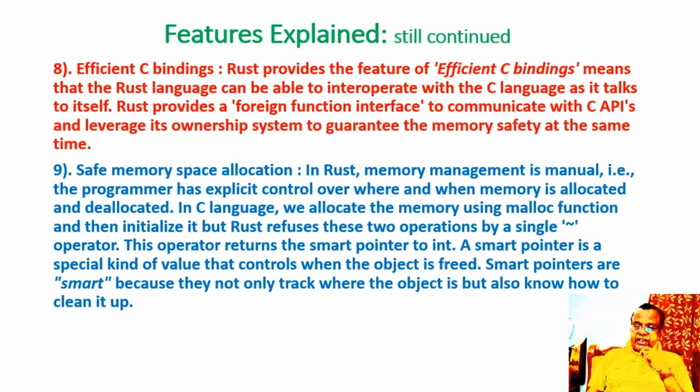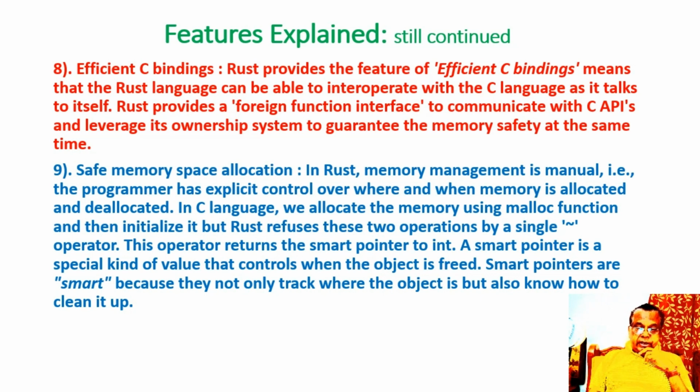Features explained still continued. Eighth point. Efficient C bindings. Rust provides the feature of efficient C bindings, which means that the Rust language can interoperate with the C language as it talks to itself.